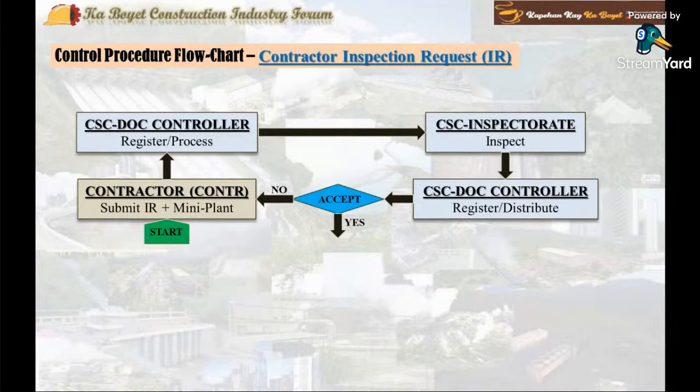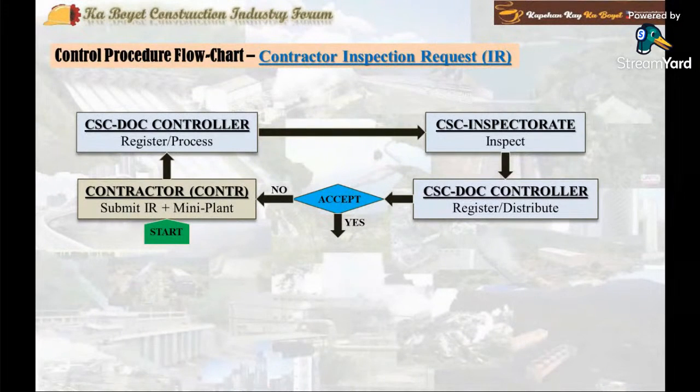And the CSC Inspectorate engineer should monitor and follow up to ensure that all outstanding required actions are closed out by the contractor. The output document shall be a signed IR form with an action code marked approved as noted.